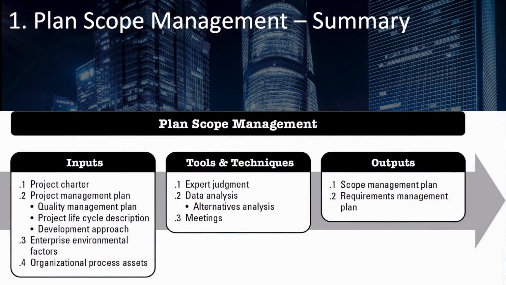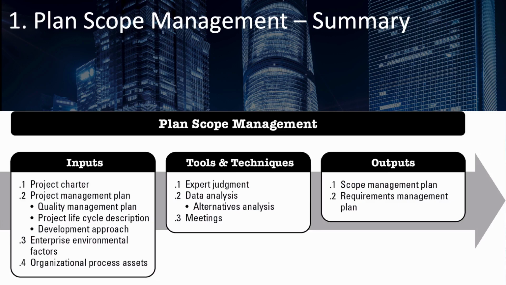This diagram from the PMBOK guide briefly summarizes the plan scope management process. Recall two outputs, the scope management plan and the requirements management plan, both of which are related to scope. As with the other knowledge areas, it has as its input the project charter.